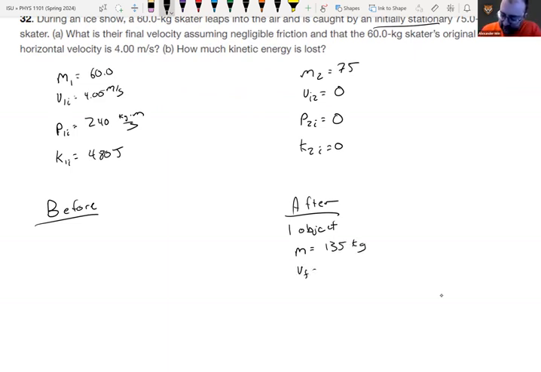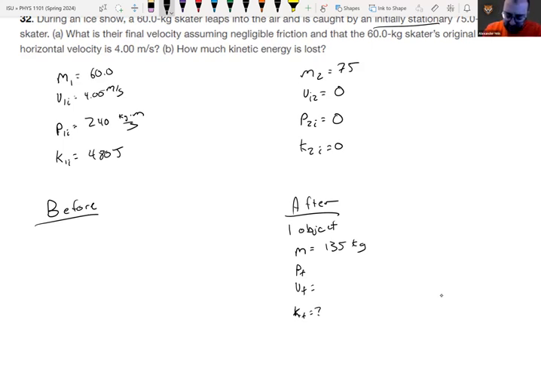V final is what we're looking for, and we're also looking for K final. P final is going to be our avenue to find V final and then ultimately K final.